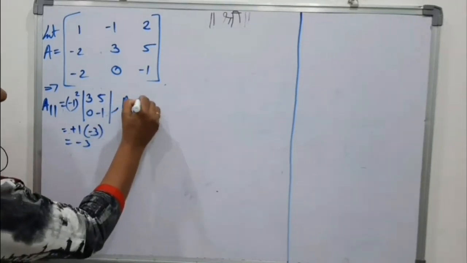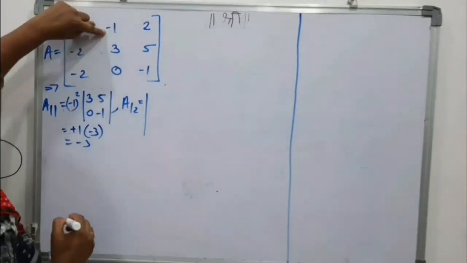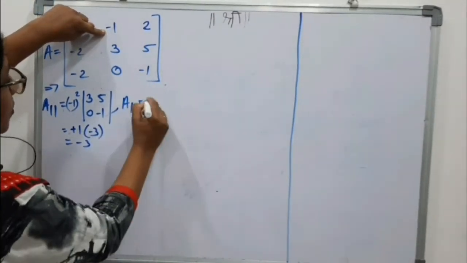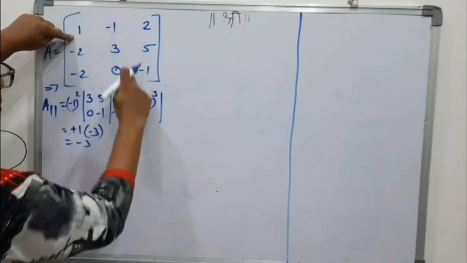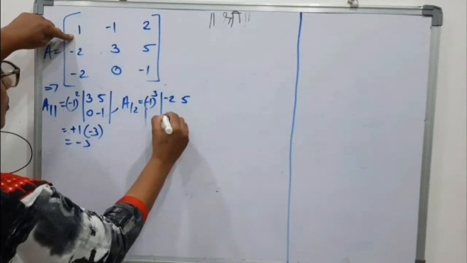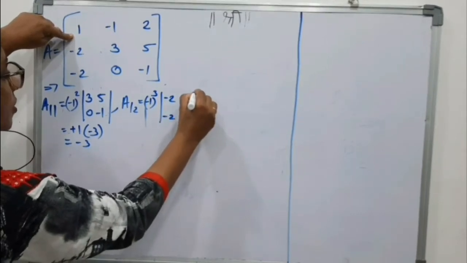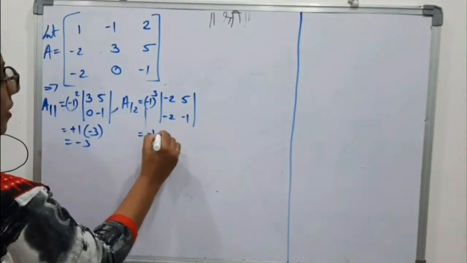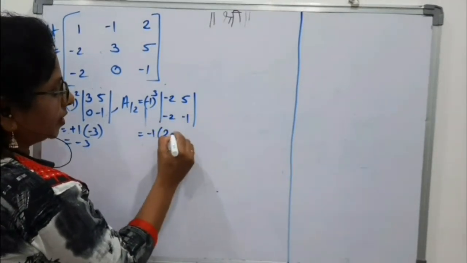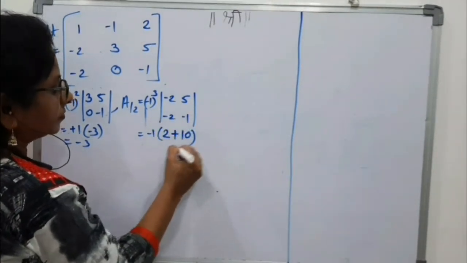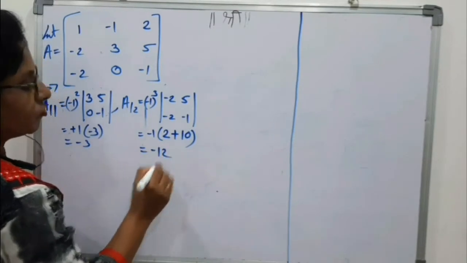A12, the cofactor of the second element: (-1) to the power 3. In the determinant, hide this row and this column: -2, 5, -2, -1. So minus in bracket, -(-2) plus 10, that is -12.